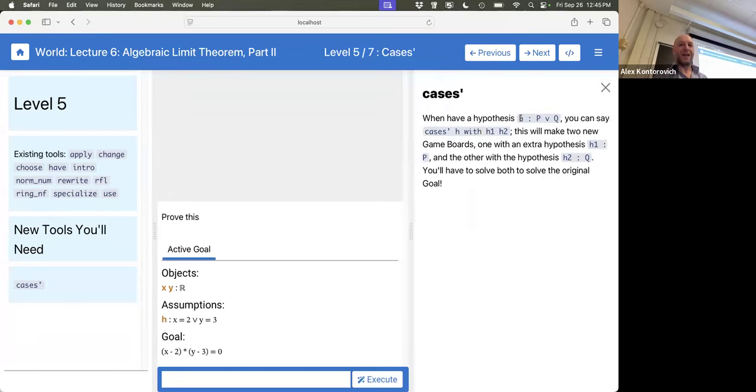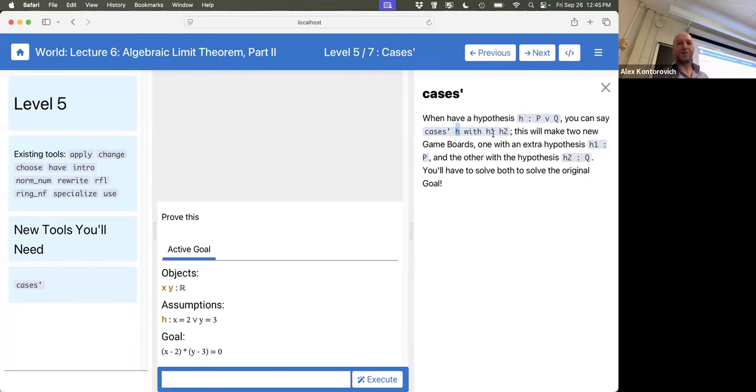If you have a hypothesis h, which is P or Q, and I don't know which one is true, but regardless of which one is true, I can prove something. So if you have a hypothesis that either P or Q is true, you say cases prime h with h1 being the name for the hypothesis on the left side, and h2. You can name them h and h. You don't have to change the names.